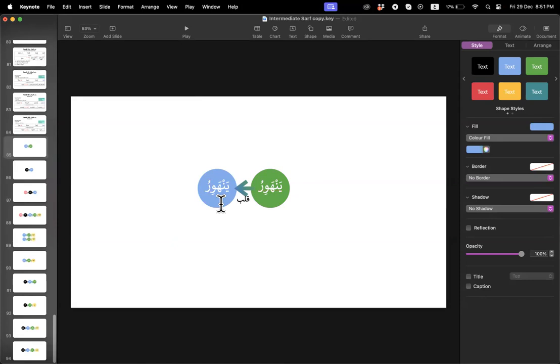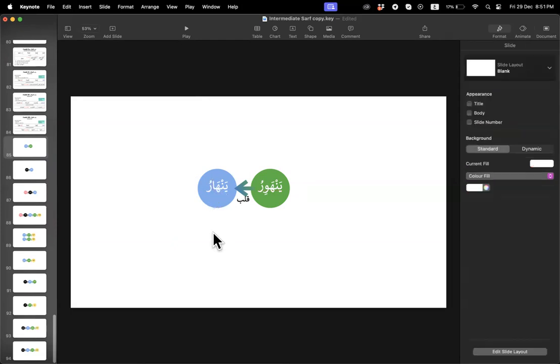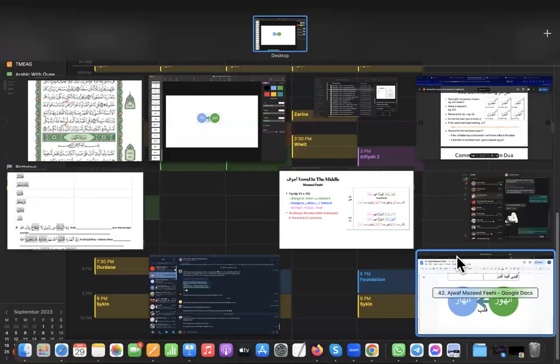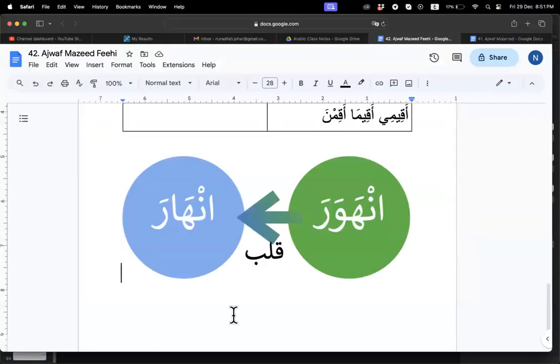That's why you don't see the kasra anymore. Like just now, yukimu, at least you still see the kasra. Aslama yuslimu, aqama yuqimu, at least you still see the kasra. Here you don't see it anymore. So yanharu will be the mudhari for family 7.